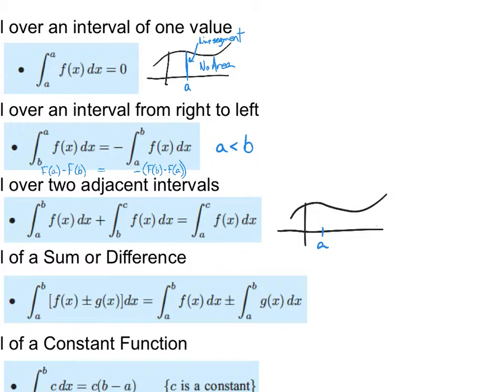Here's A, there's C, and there's B. It just makes sense if I take the area from A to B and I add to it the area from B to C, now I've got the area all the way from A to C.